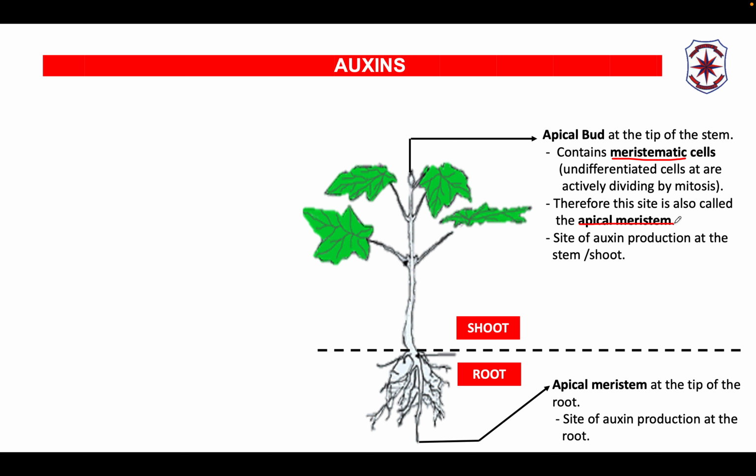Now, what is the apical meristem? The apical meristem is the very tip of the stem and the very tip of the root. It is a region of the plant where cell division is constantly happening, where mitosis is constantly happening. It is a region that contains meristematic cells.